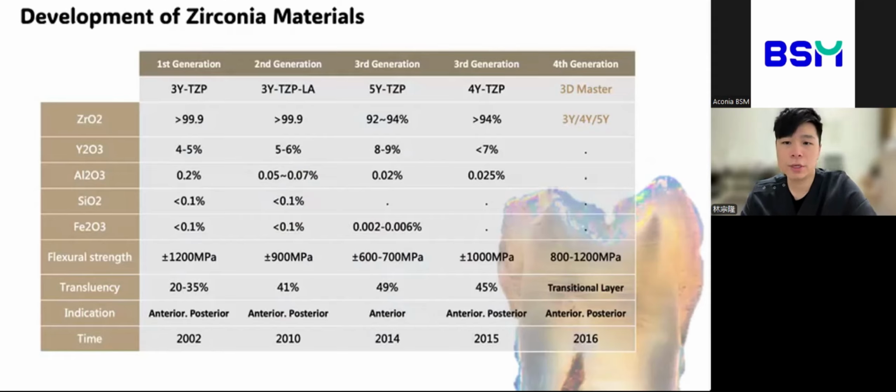Since zirconia first came into the dental market, it has changed a lot. In the early days, we mainly used 3Y-TZP, but now the mainstream materials are multi-layer zirconia and then 4Y or 5Y-TZP, okay? These new materials are very different from the early generations. As zirconia keeps improving, it has become much more translucent.